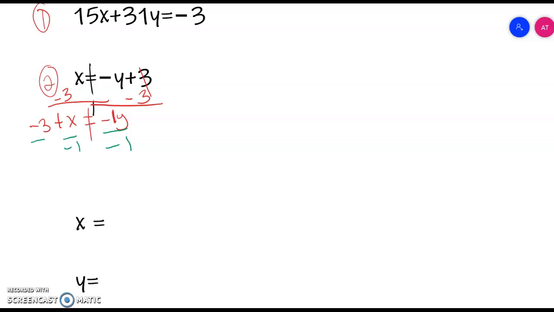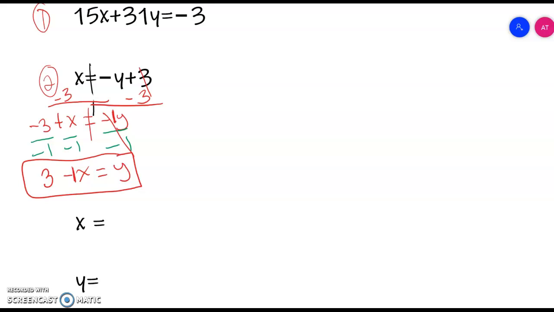Now my equation is going to be y equals, negative divided by a positive is a negative, so I have a negative x, negative 1x. A negative divided by a negative is a positive. So I have y equals negative x plus 3, or 3 minus x equals y.